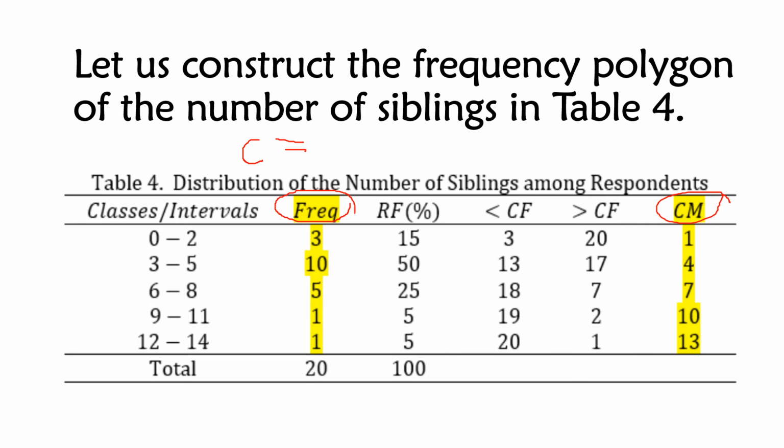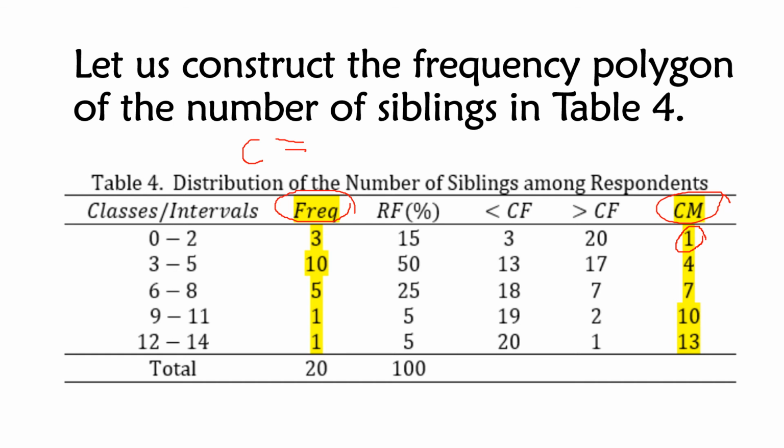Just go back to our class mark column. Before, when we constructed our FDT, to get the second class mark, we simply added the value of C to the first class mark.